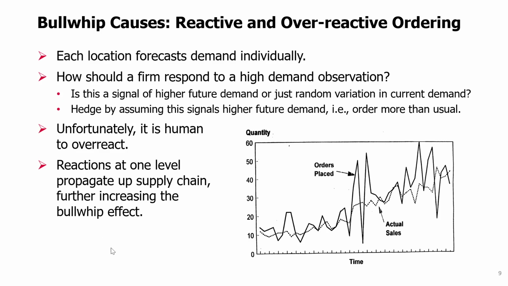Maybe the retailer will observe a little bit higher sales from consumers and think this is an increase in the demand. So the retailer will order more from the wholesaler. The wholesaler will see an increase in the retailer's orders, so maybe they will order even more, predicting an even bigger increase in the future demand. And these overreactions can propagate up the supply chain, up the stages.